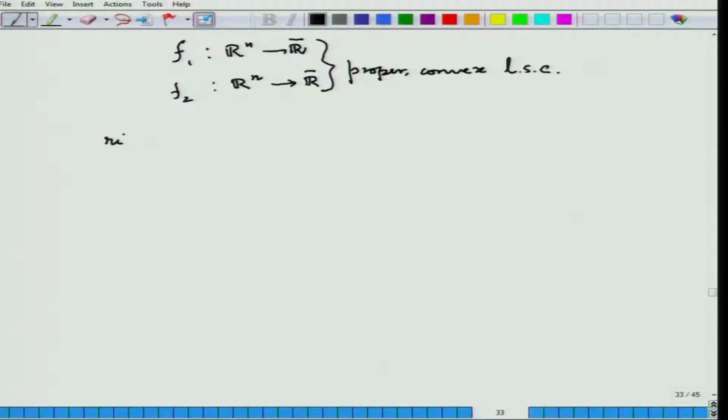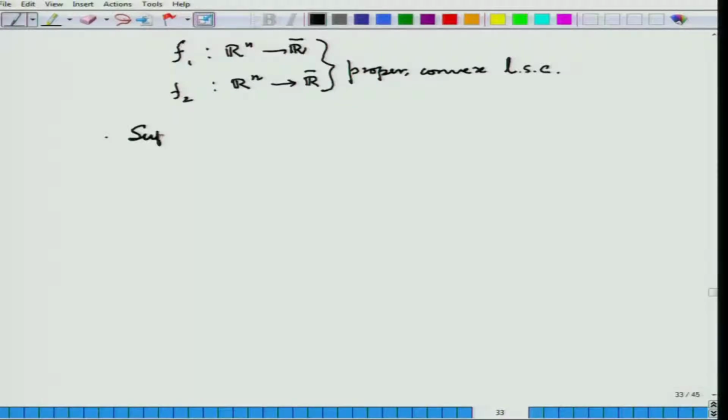Now I will consider that the domain of f 1 and domain of f 2 are full dimensional sets, in the sense that they have interiors, they are nice sets.